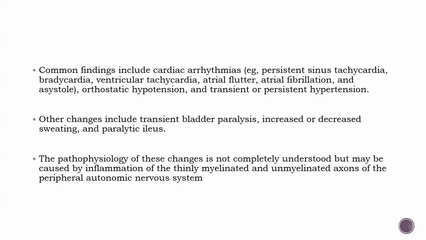Other changes include transient bladder paralysis, increased or decreased sweating, and paralytic ileus. The pathophysiology of these changes is not completely understood but may be caused by inflammation of thinly myelinated and unmyelinated axons of the peripheral autonomic nervous system.